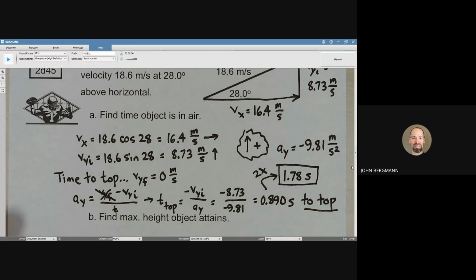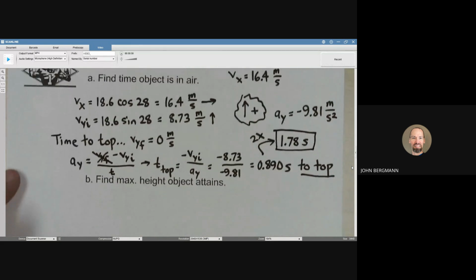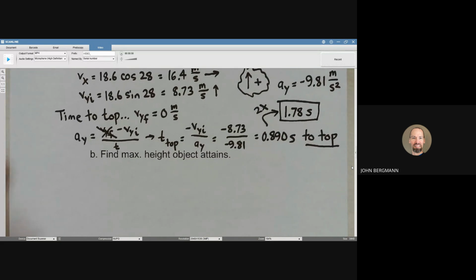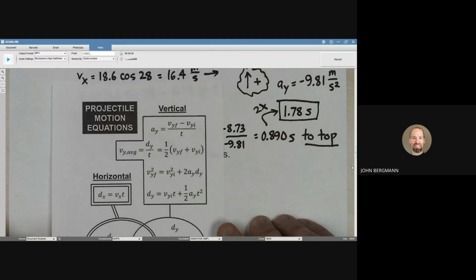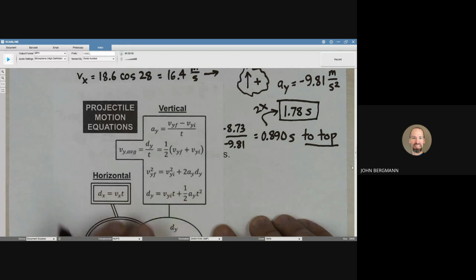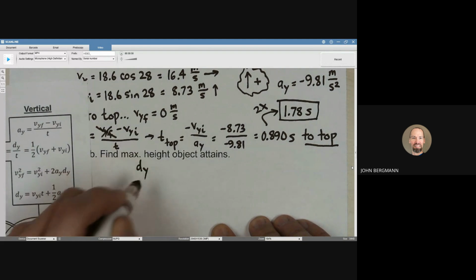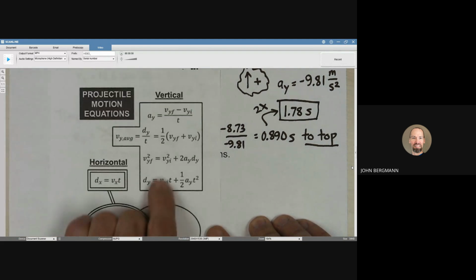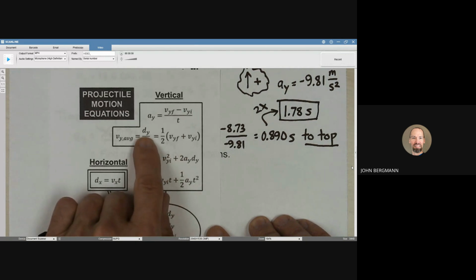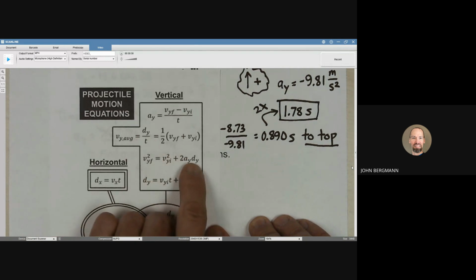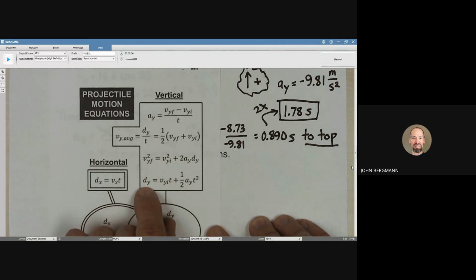Now, what's the maximum height that the object attains? Again, any of these equations here that have dy, because that's what we're talking about with maximum height, are okay. So this one would be fine, this one would be fine, this one would be fine.